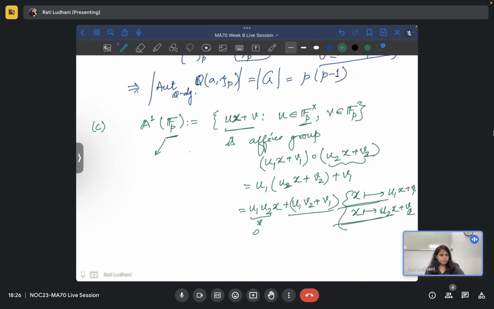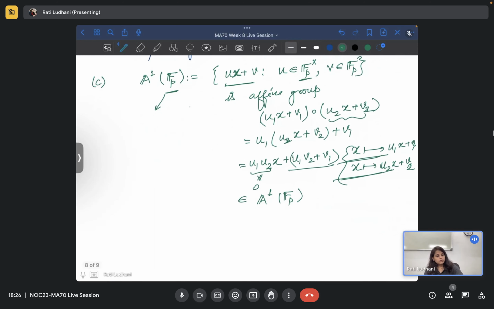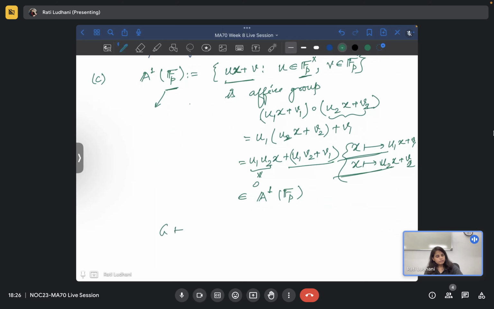This is also in Fp, so it belongs to A1 of Fp. So this is a group under composition. You can prove inverses and everything.